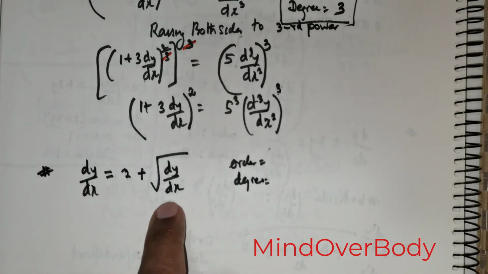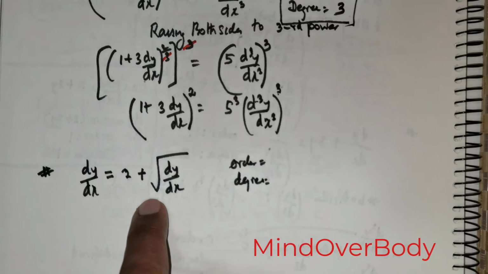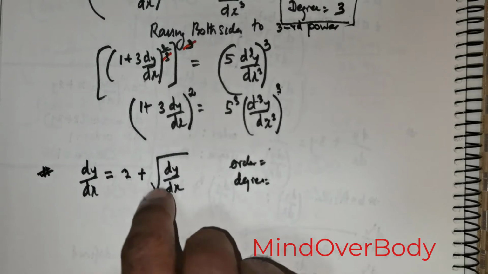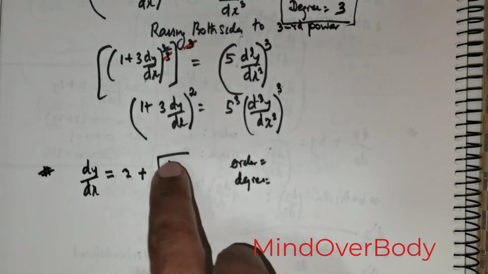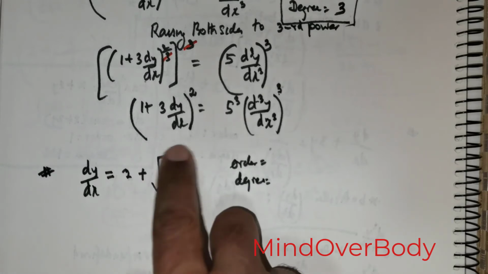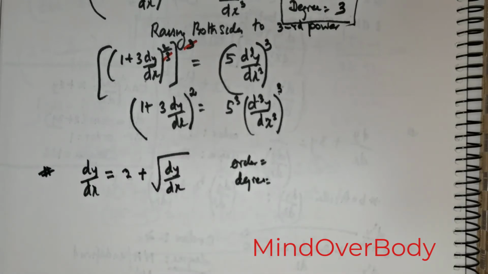So our main aim is to first disentangle the operator dy over dx. In other words, I would like to remove this dy over dx from the clutches, so our objective is to remove this operator from the hold of the square root operation.